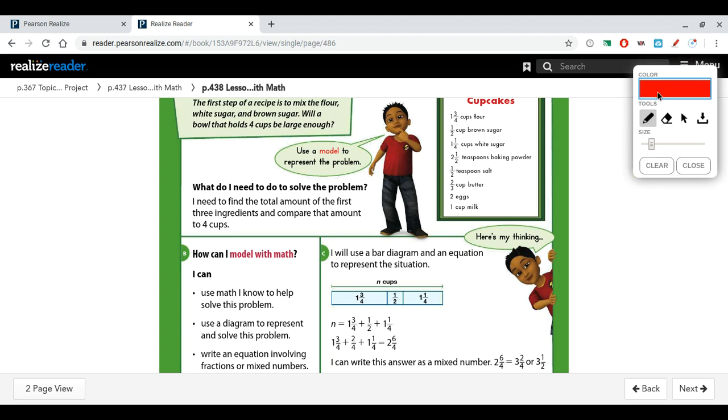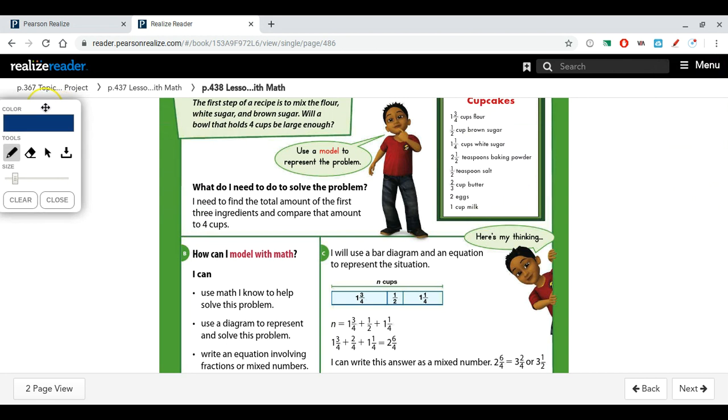And so let me just change my color here. We'll go dark blue. So if I set this up as a problem, I do 1 3/4 added to 1 1/4. The reason I did 1 3/4 added to 1 1/4 is they already have a common denominator.